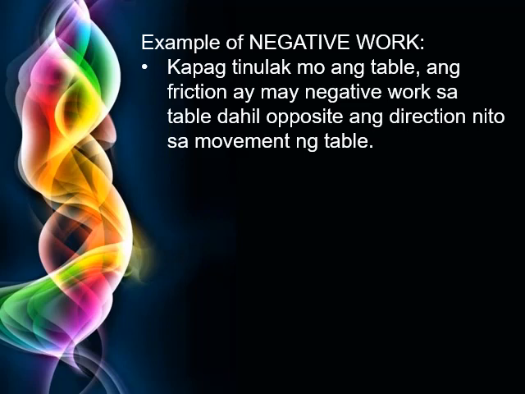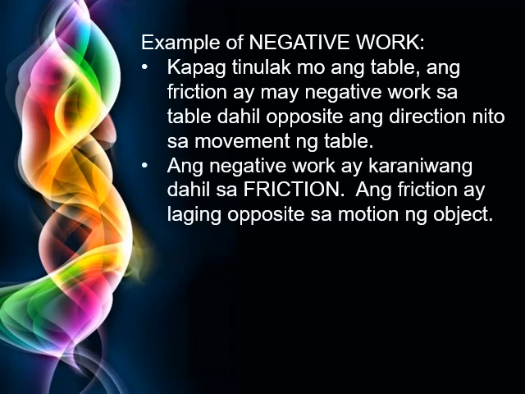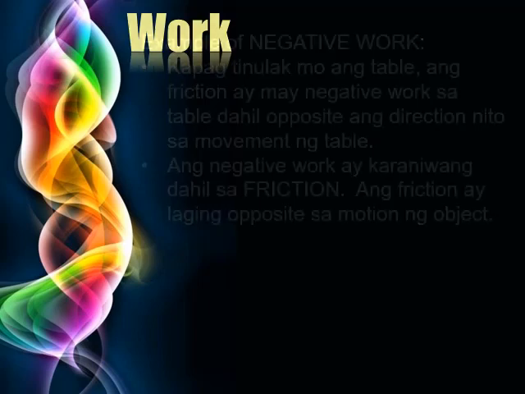So, this time naman, yung friction naman does negative work on the table. Dahil nga, ang direction ng friction force is acting to the opposite direction of the table. Negative work din yung karaniwang, sinasabi natin na ang negative work ay karaniwang dahil sa friction. Kasi ang friction ay laging opposite sa motion ng ating object.